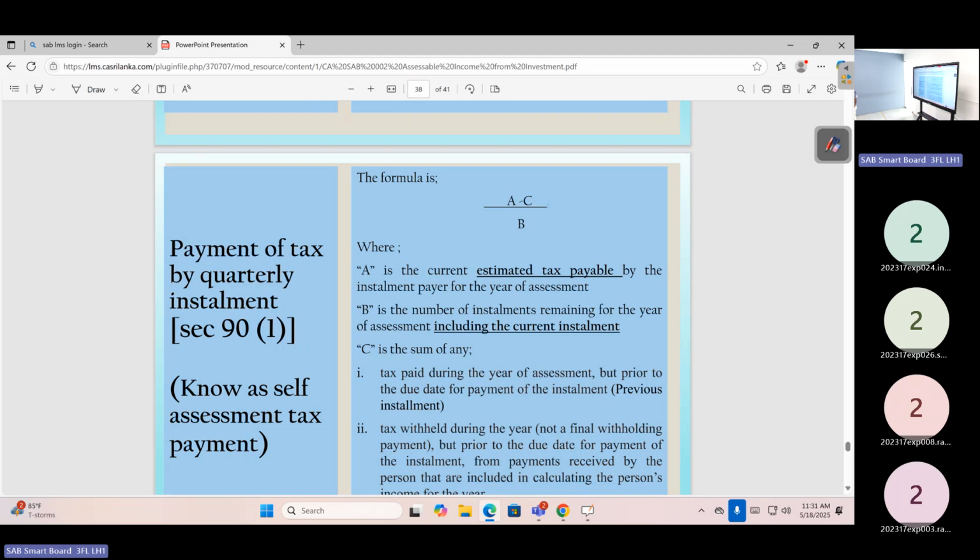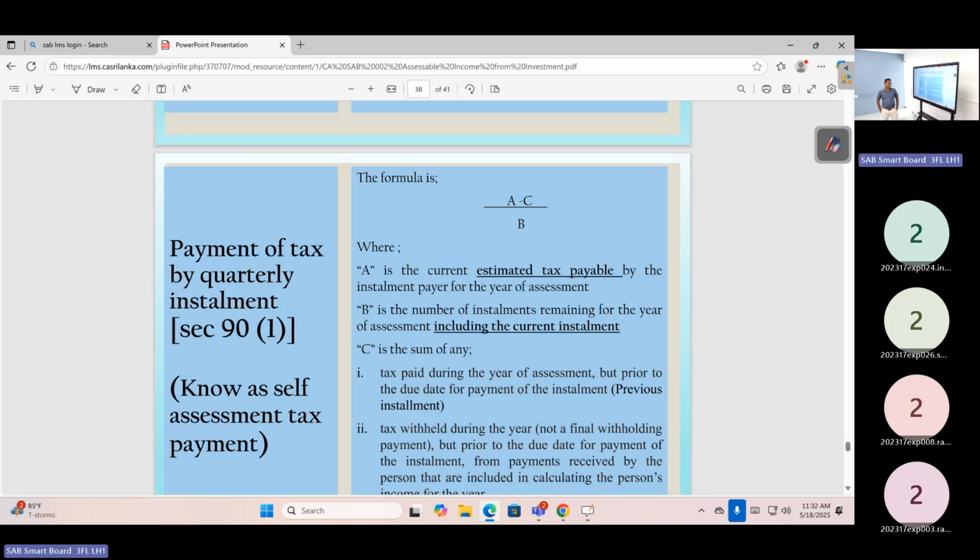We should know the exact tax liability for the year of assessment, but you don't know your actual tax liability, so you go with the estimated tax payable for the year. So we have to make an estimate for the whole year, and based on that we can discharge our tax liability. That is the prevailing provision. It will be taken out with that amendment, right?